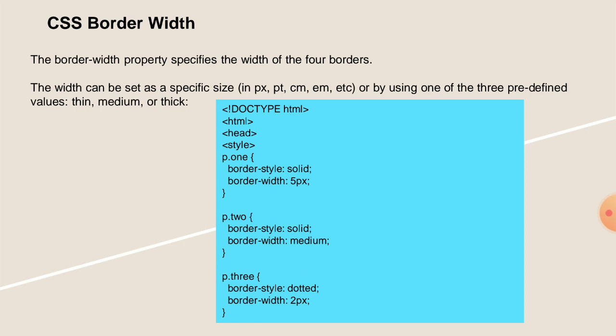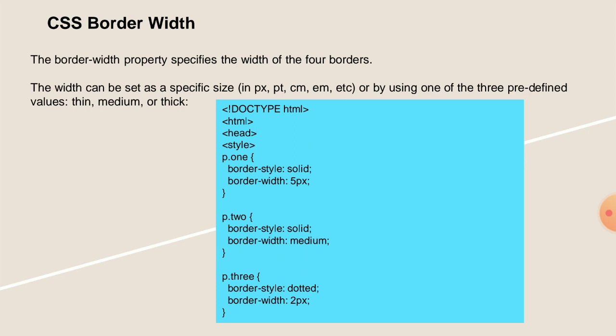CSS border width: the border-width property specifies the width of the four borders. The width can be set as a specific size in px, pt, cm, em, etc., or by using one of the three predefined values: thin, medium and thick.